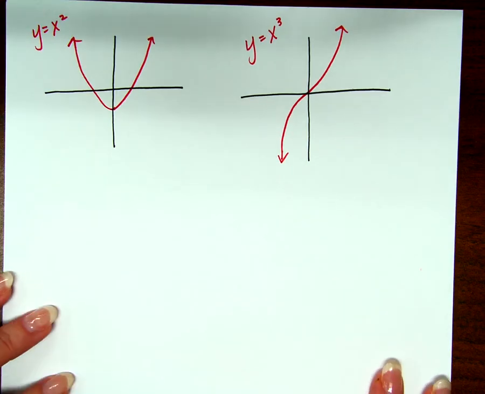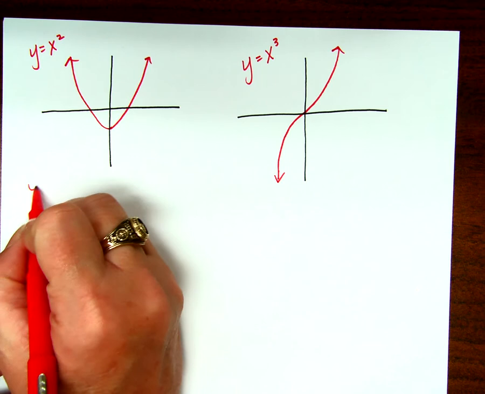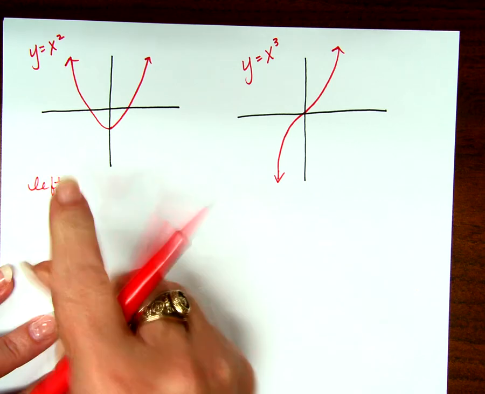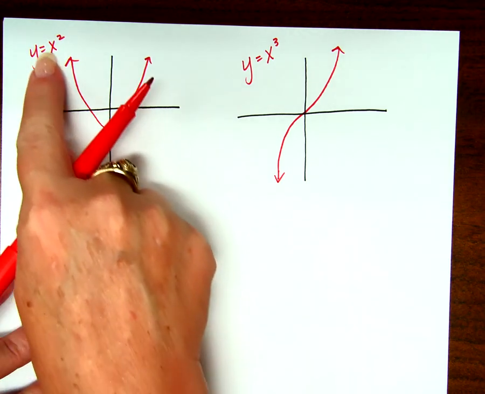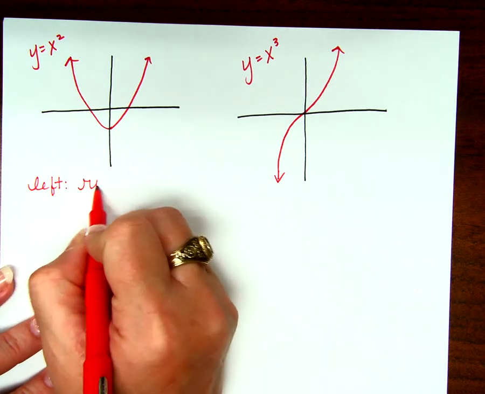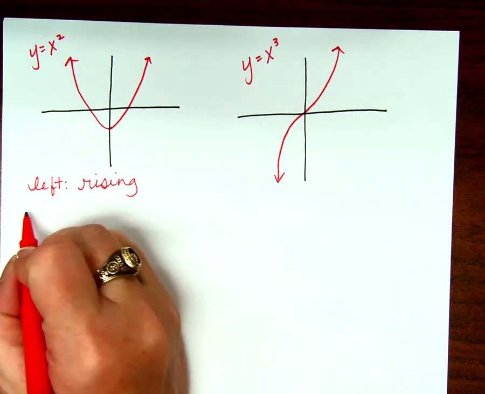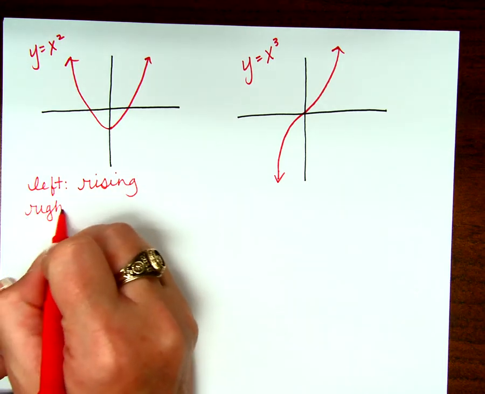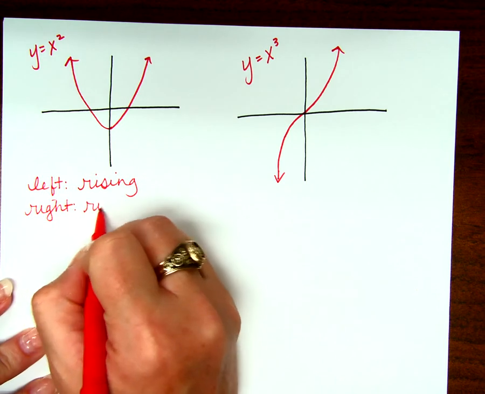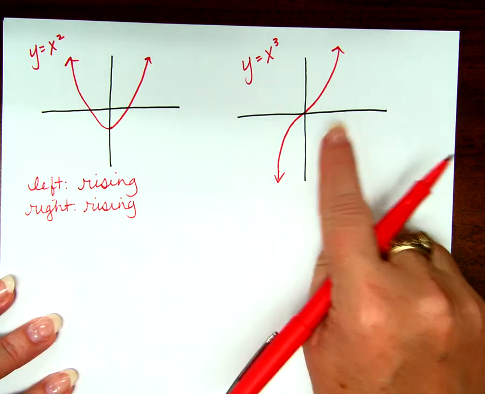Talk to me about the end behavior of this one on the left. What's happening all the way on the end of the graph? Where's it going? It's going to infinity up, right? So it's rising. What's happening on the right? It's also rising, isn't it? What about this one?